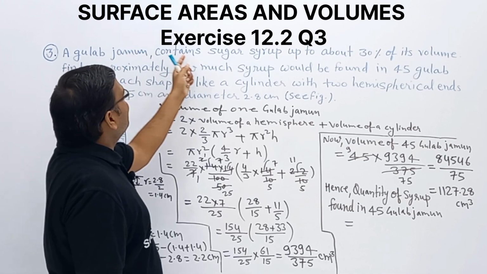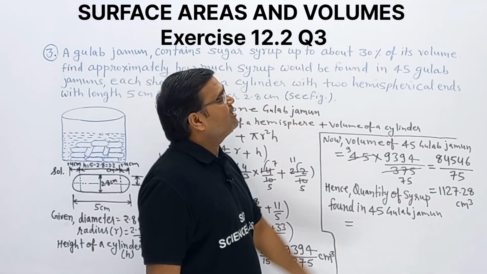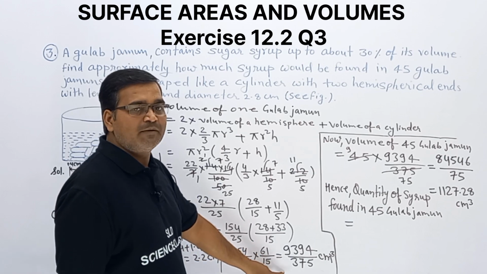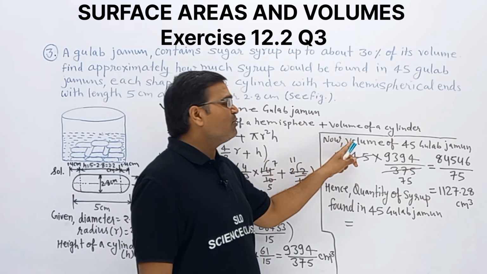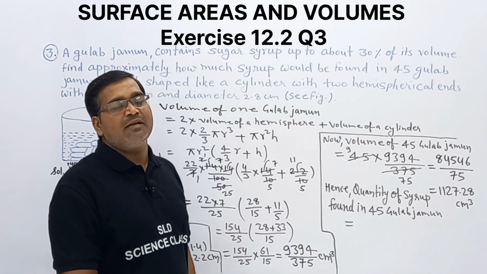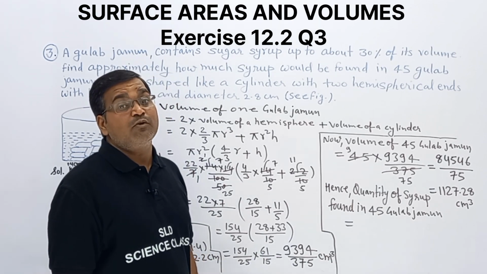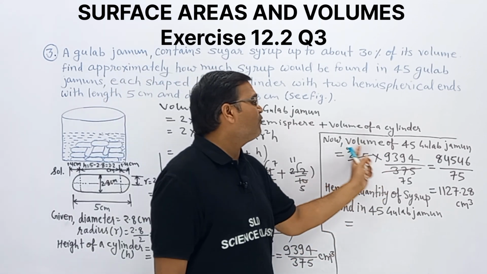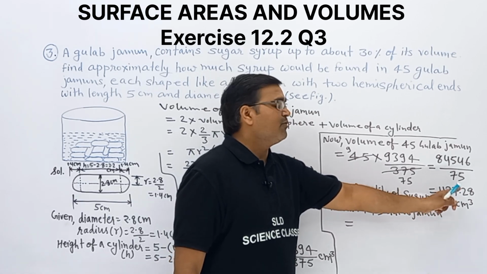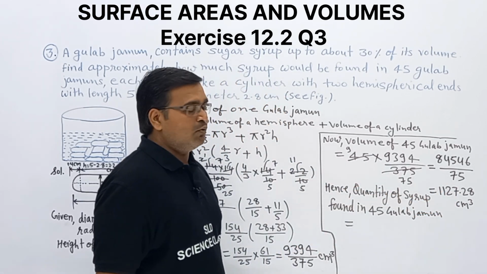A gulab jamun contains sugar syrup up to about 30% of its volume. One gulab jamun volume is this one. 45 gulab jamun volume is this one. And syrup containing quantity is what? 30% of its volume. So total volume of 45 gulab jamun is what? 1127.28 centimeter cube.